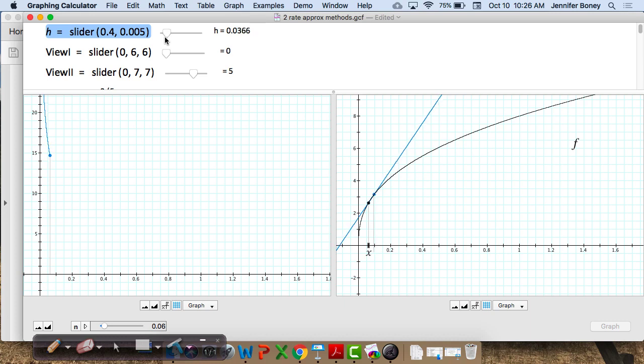I can't see a gap anymore. This is with h equals 0.0366. And notice this rate of change is a lot larger number now. So it was a poor approximation, and this is a better approximation. But regardless, let me animate this.